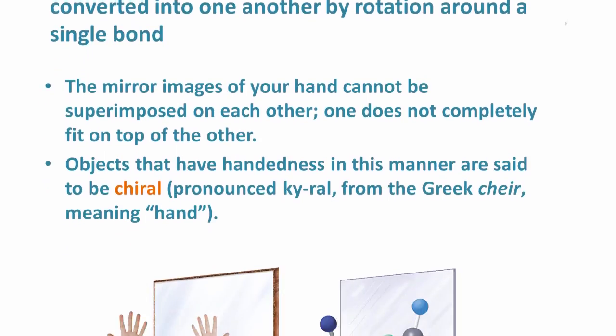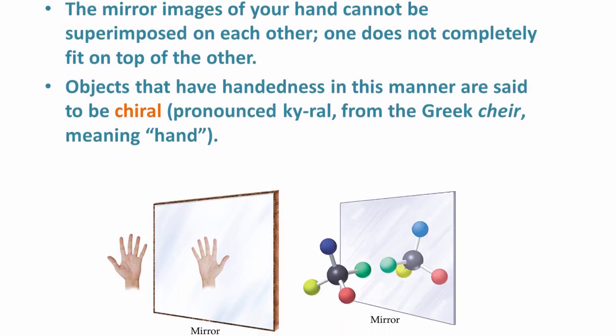Let's take a look at an explanation of what chiral means, because this is what's going to apply to molecules. Now, we know that the mirror image of our left hand is the right hand, and vice versa.